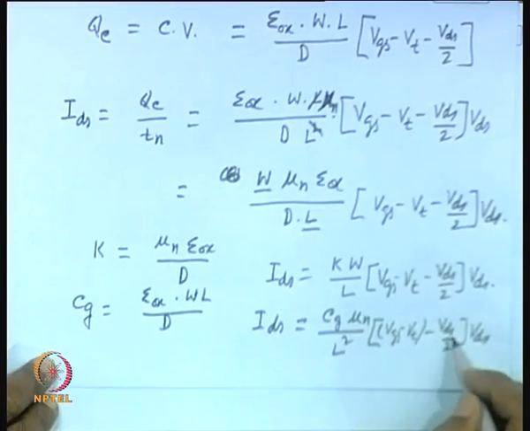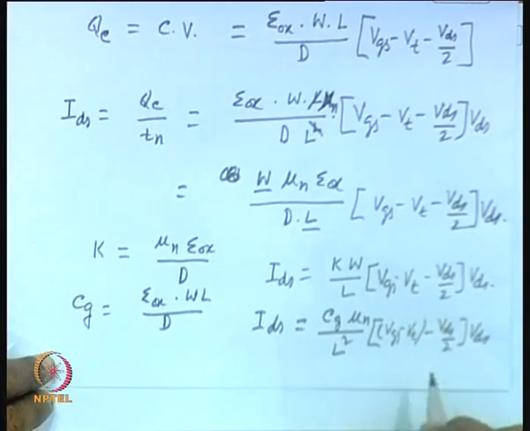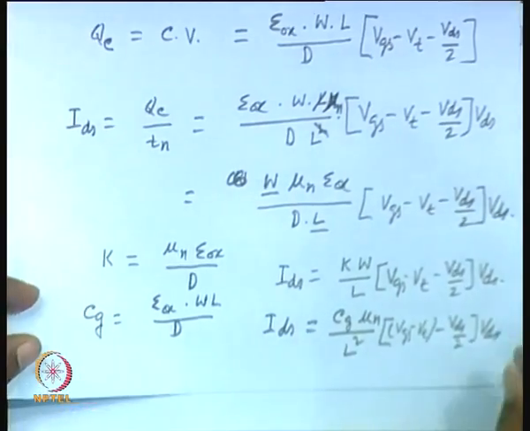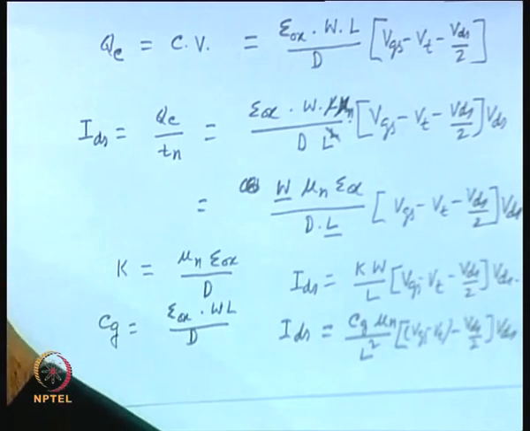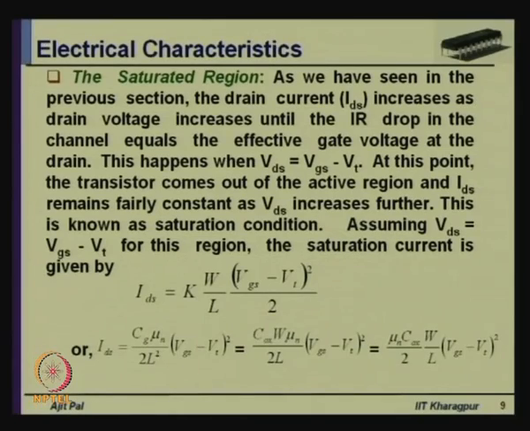So the linear region is not exactly linear but approximately linear, particularly when the drain voltage is very close to 0. That means V D S is negligible compared to V G S minus V T. Okay. So, we have derived the expression for the nonlinear region.